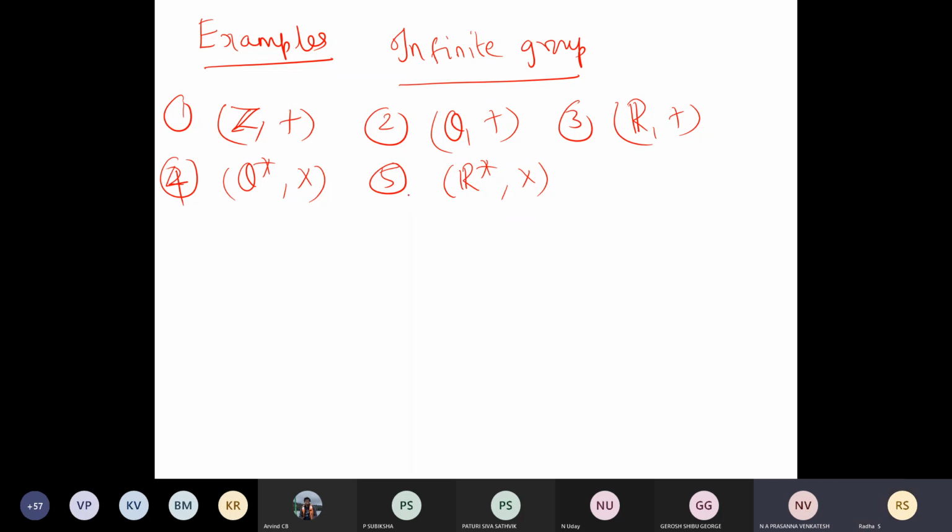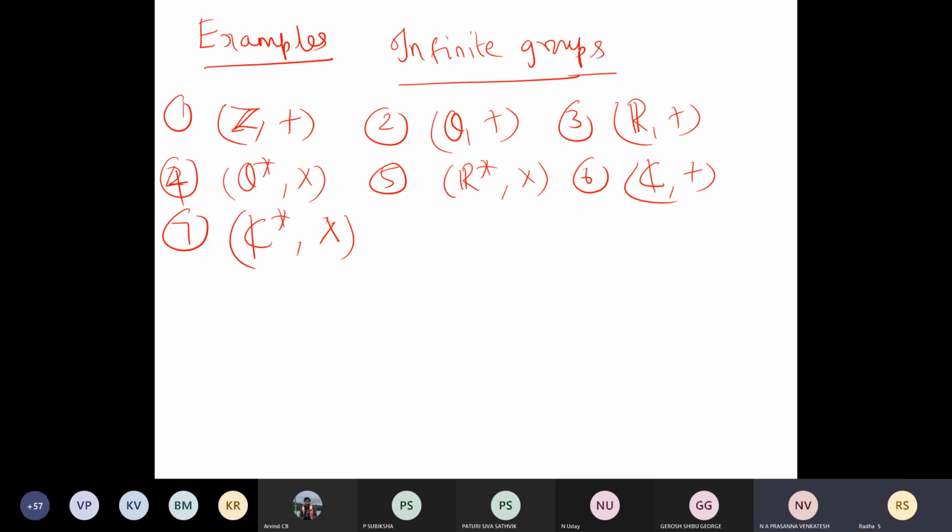Even C under addition is also a set of all complex numbers under addition. We write something like this, bolded, for C. Under multiplication, C star are the non-zero complex numbers. All these things are infinite groups.